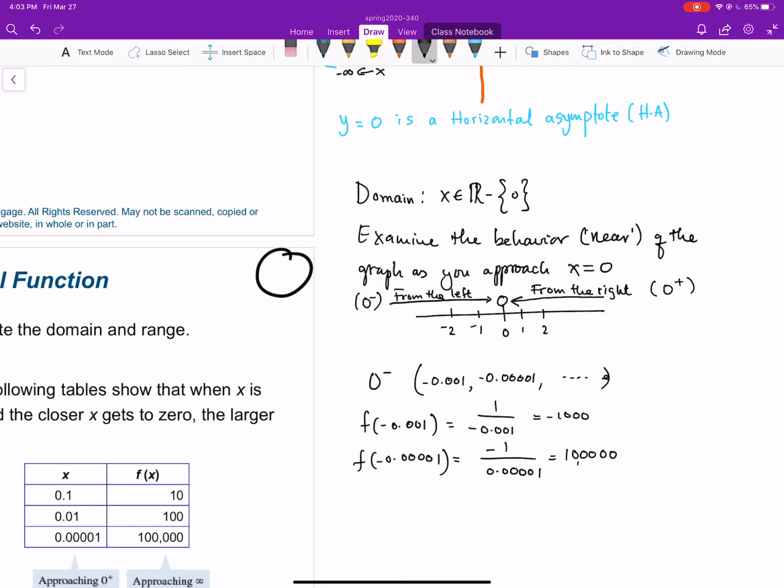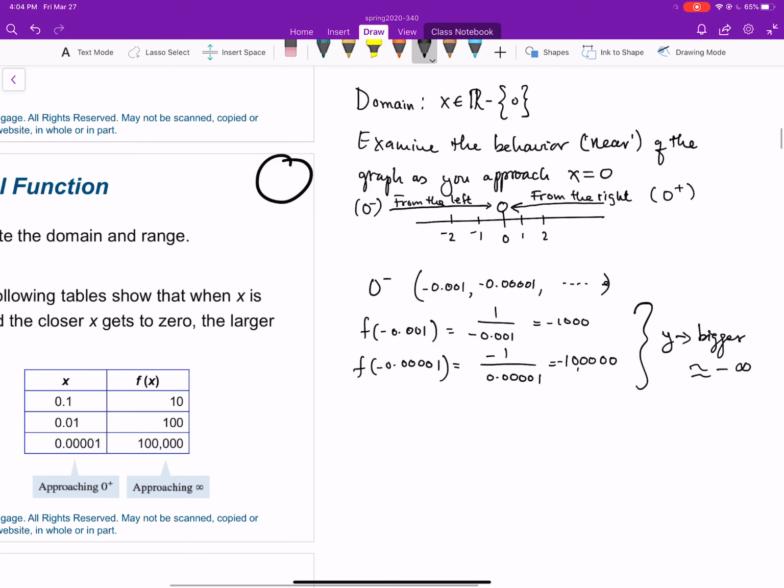All right. So it looks like as we are getting closer and closer from the left, these y values are getting bigger in magnitude, approaching negative infinity.